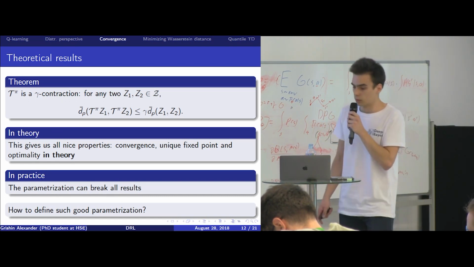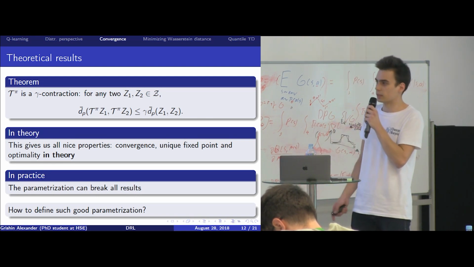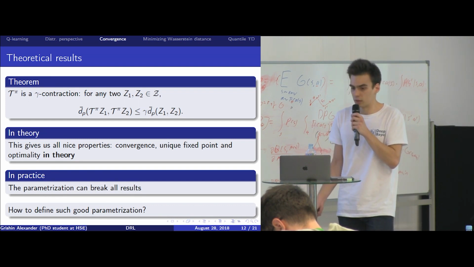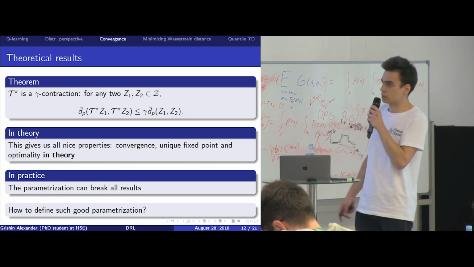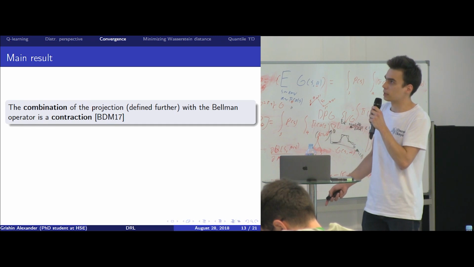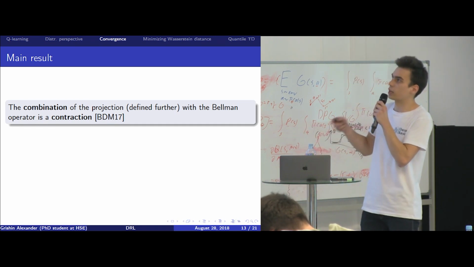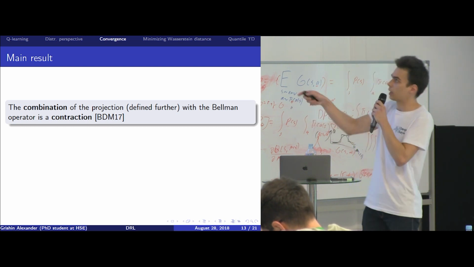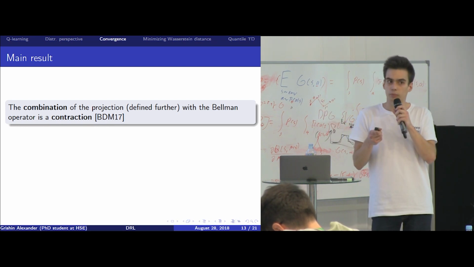It turns out that this parameterization was defined in 2017, and the main result was that the suggested parameterization, the combination of the projection onto the parametric family and the Bellman operator, is also a contraction.